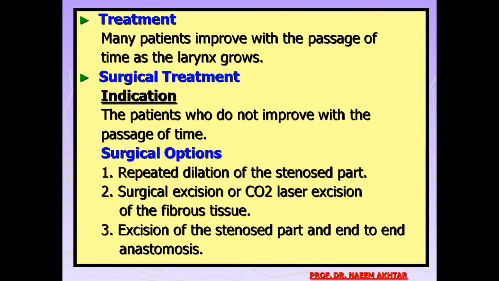But sometimes the child may need surgical treatment when the patient does not improve with the passage of time. The surgical options then include repeated dilatation of the stenotic part, surgical excision or carbon dioxide laser excision of the subglottic fibrous tissue, and excision of the stenotic part, and then end-to-end anastomosis.